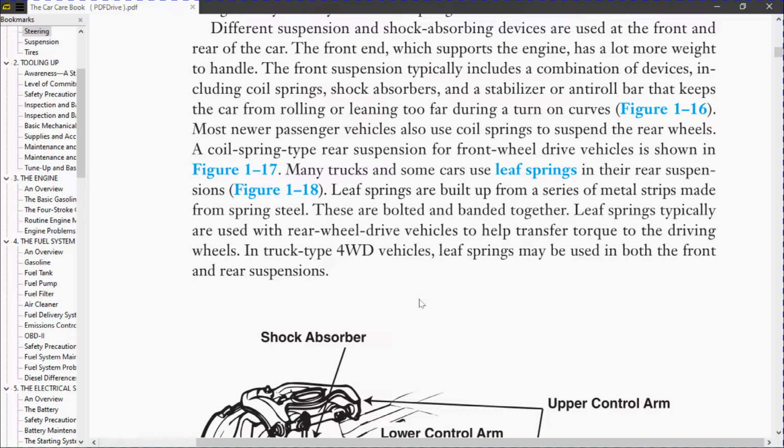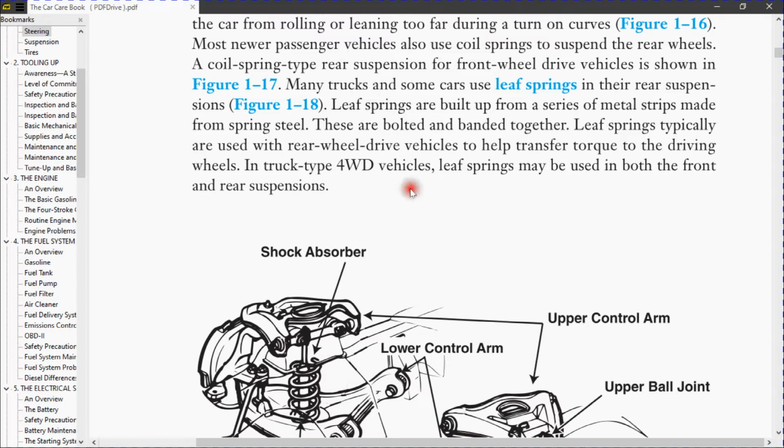Most newer passenger vehicles also use coil springs to suspend the rear wheels. A coil spring type rear suspension for front wheel drive is shown here. Many trucks and some cars use leaf springs in their rear suspension.